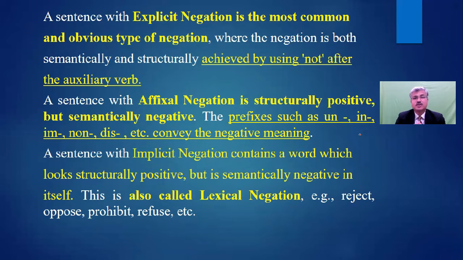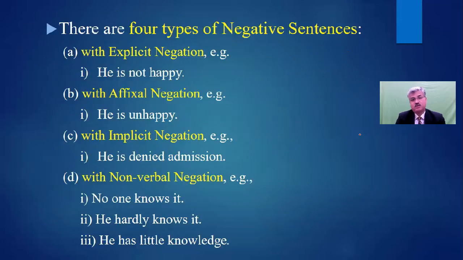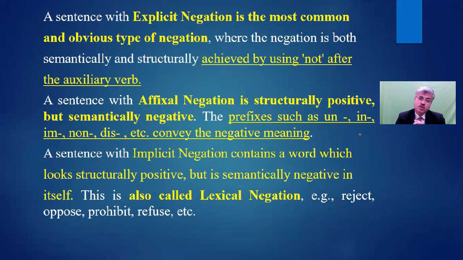A sentence with explicit negation is the most common and obvious type of negation. Dear learners, please remember that explicit negation is the most common and obvious type of negation, where the negation is both semantically and structurally achieved by using not after the auxiliary verb. A sentence with affixal negation is structurally positive but semantically negative.